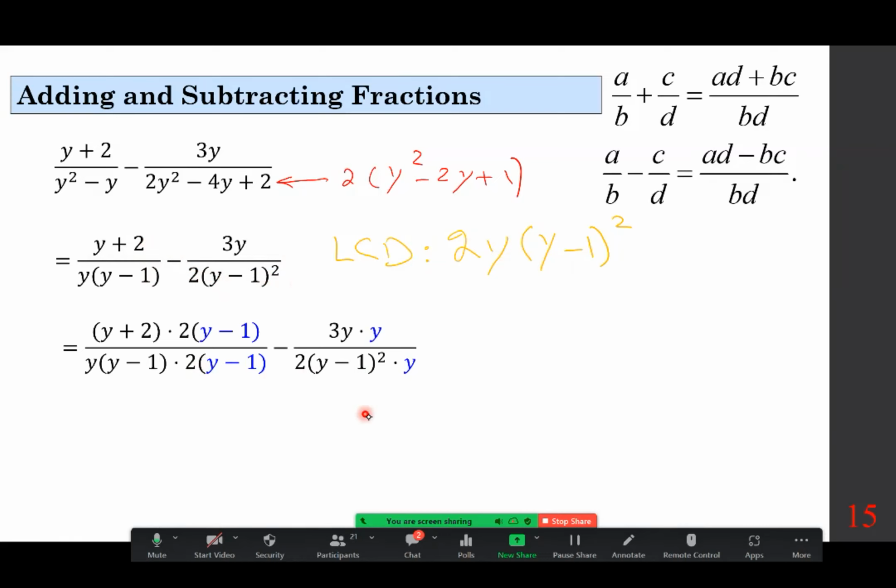And now you really have one common denominator. You don't have to write two common denominators, okay? One is good enough. But both of them give you the same thing here. And then if you multiply these two, you get 2 times y squared plus y minus 2.